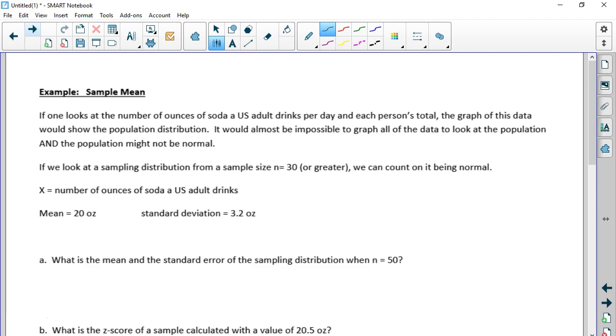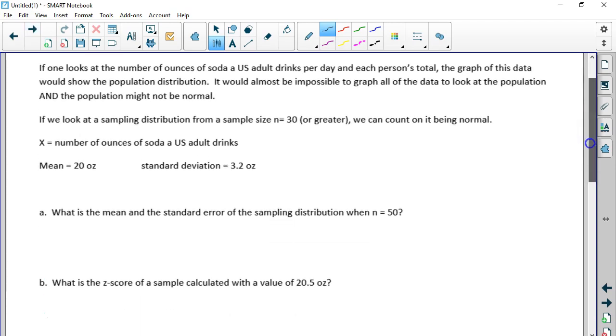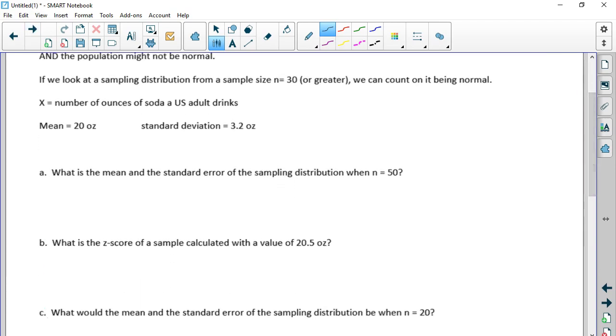Let's talk about sample mean some more. If one looks at the number of ounces of soda a U.S. adult drinks per day and their total, the graph of this data would show the population distribution. It would almost be impossible to graph all the data to look at the population, and the population might not be normal. So if we look at a sampling distribution from a size of 30 or greater, we can count on it being normal.